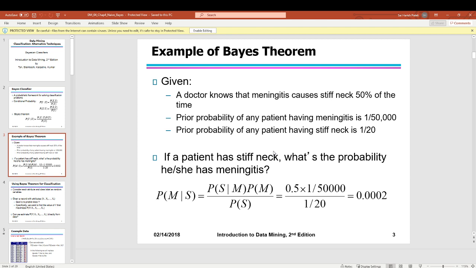And while doing the Naive-Bayes classification, we make a simple assumption that all the given features in our data are independent of each other.